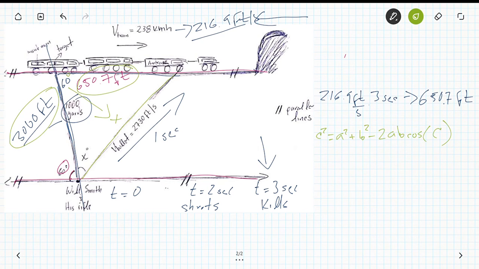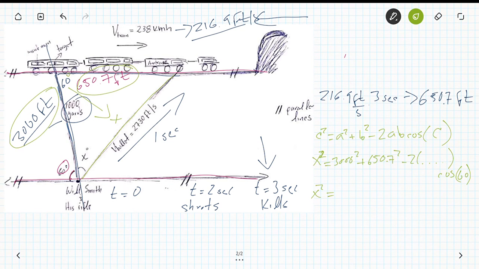We call it x, and we know that one of the sides is 3000 squared, and the other side is going to be 650.7 squared as well, minus 2 times those two sides, cosine of 60.